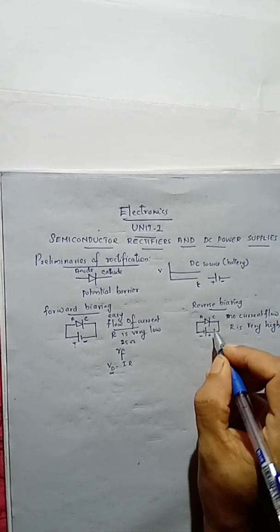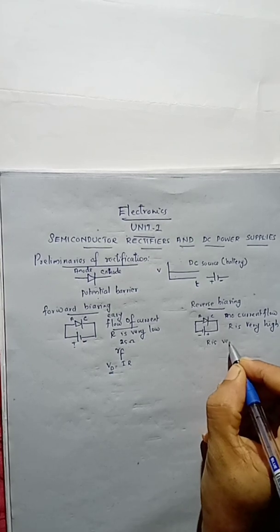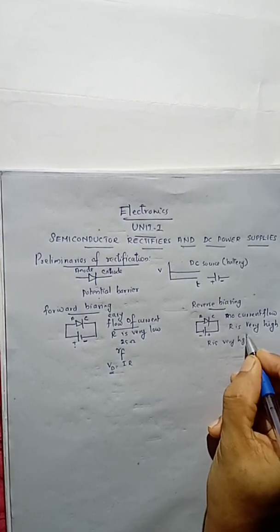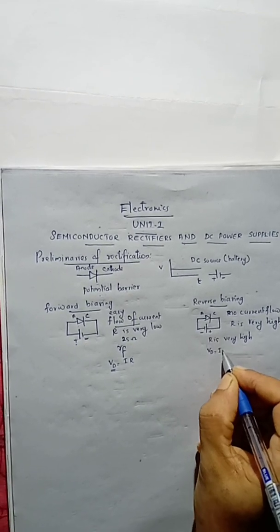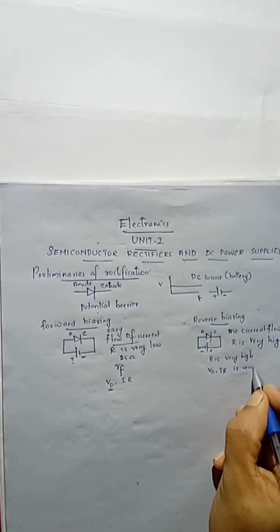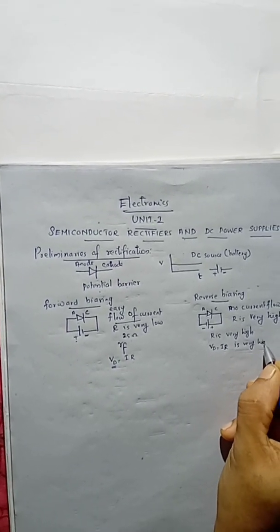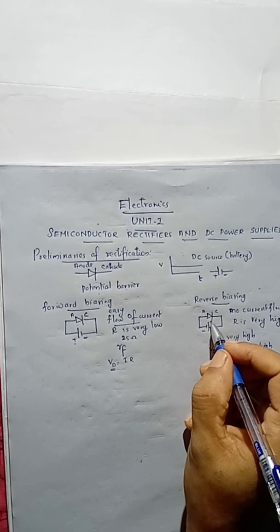But in this reverse case, R is very high. So R is very high means the drop across the diode, that is I into R, is very high. So there is a chance of this diode breaking down.